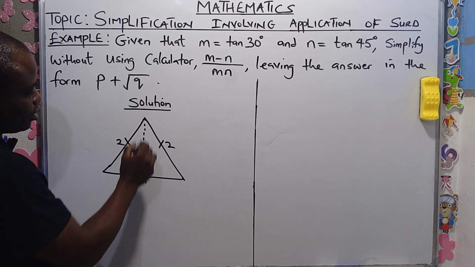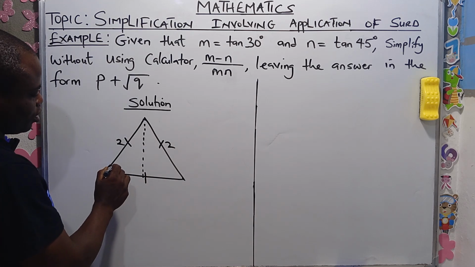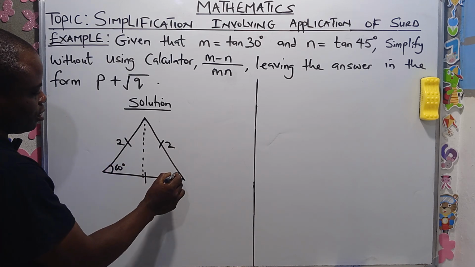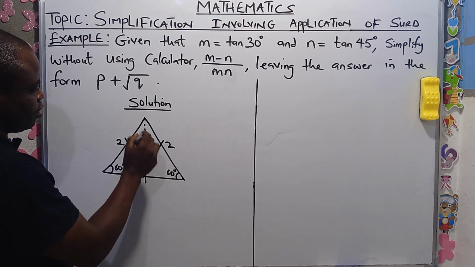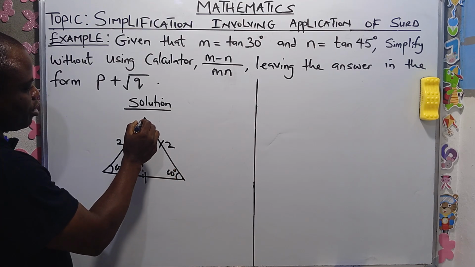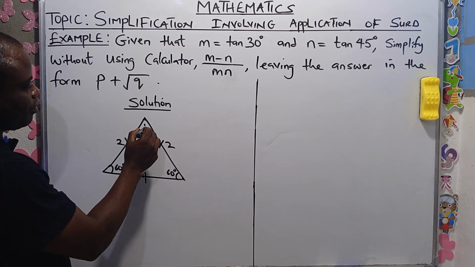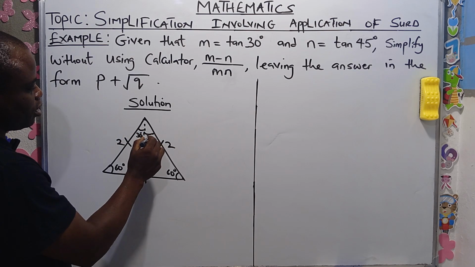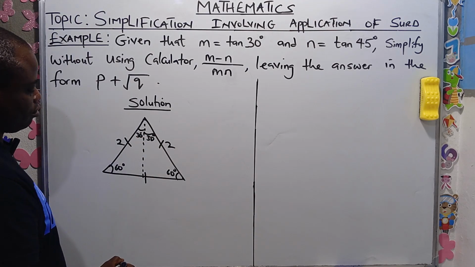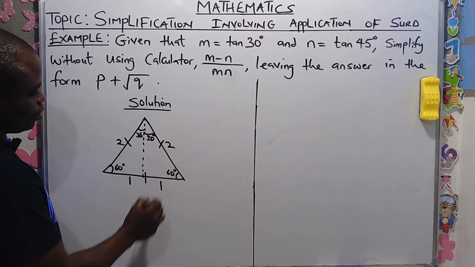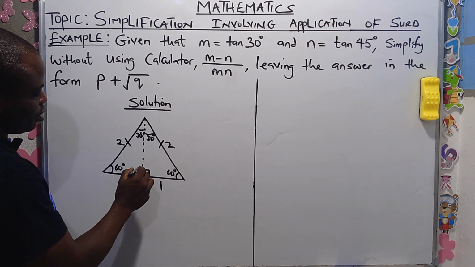Since we've divided it into two, this angle is 60 degrees. The upper part is 60 degrees, but since we are dividing it, this is 30 degrees, and the other side is also 30 degrees. Have 1, 1. This is a right angle triangle.